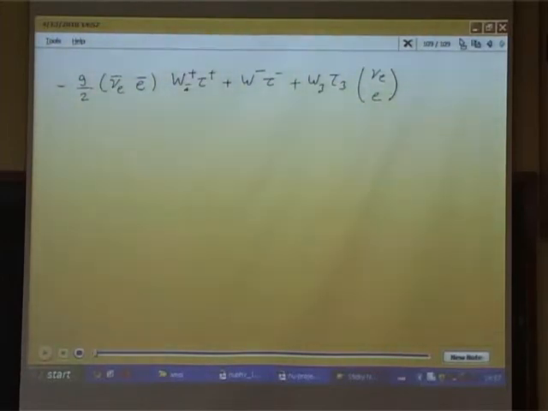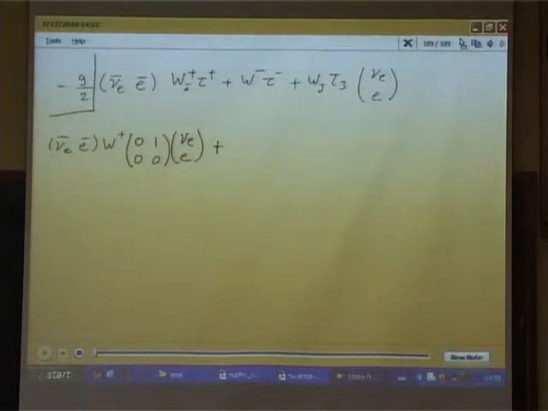I put the minus G by 2. So the first term is U E bar W plus tau plus times nu E bar. Tau plus, we saw, was 0, 1, 0, 0, times nu E.